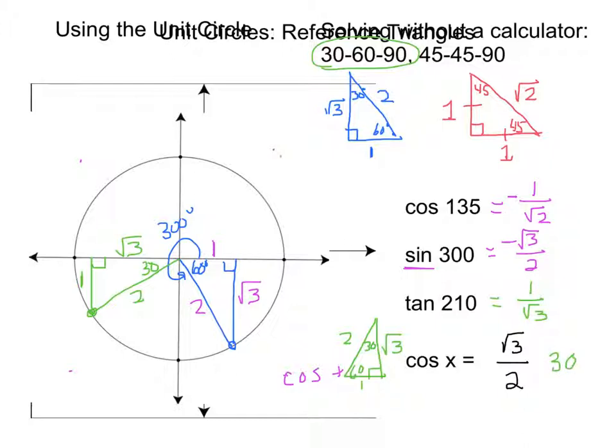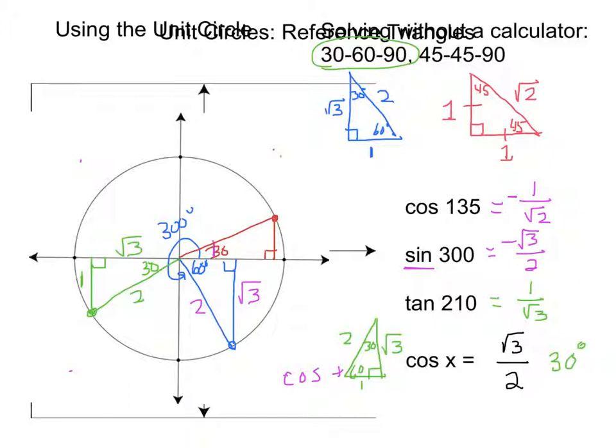This is where the unit circle comes into play. Cosine is positive. This is a positive answer, positive root 3 over 2. And cosine is positive in this quadrant, which is our 30-degree angle. So if I draw a 30-degree angle here, that is a positive cosine.